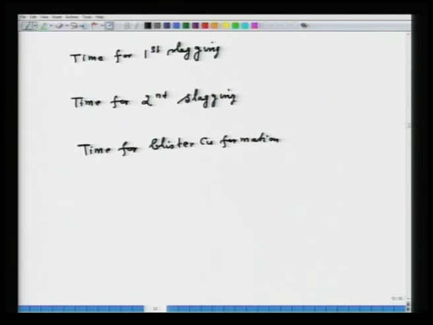The air is blown at a rate of 110 cubic meter per minute. So the time for first slagging is 226.34 upon 0.21 into 22.4 upon 110.